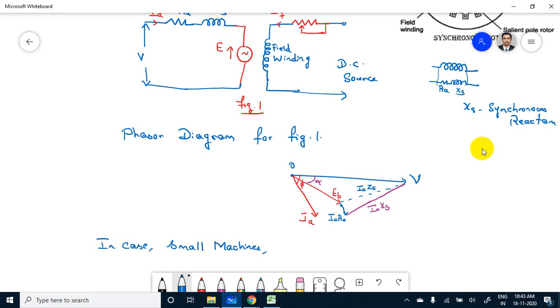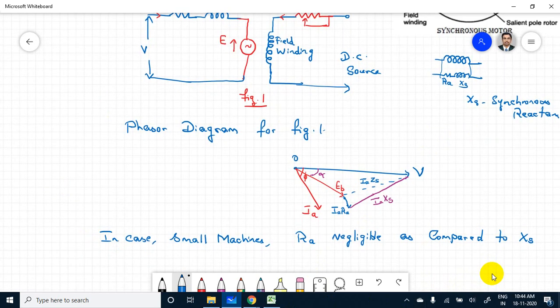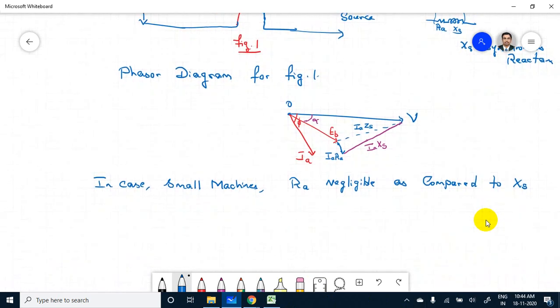That is, the armature resistance RA value will be very small, negligible as compared to the synchronous reactance, so we are neglecting it.